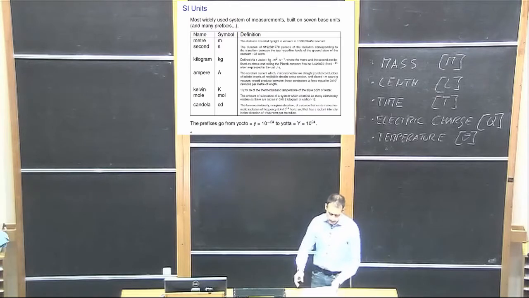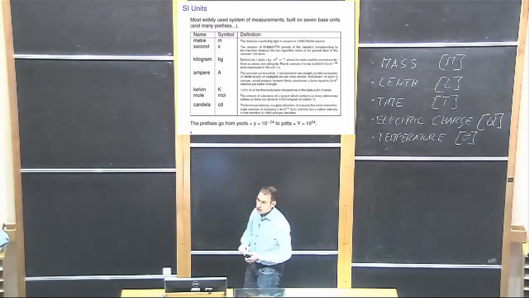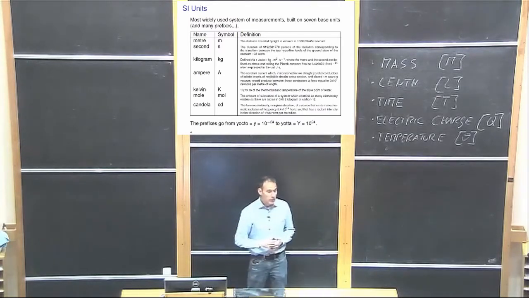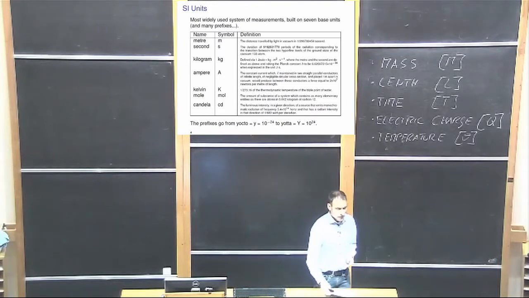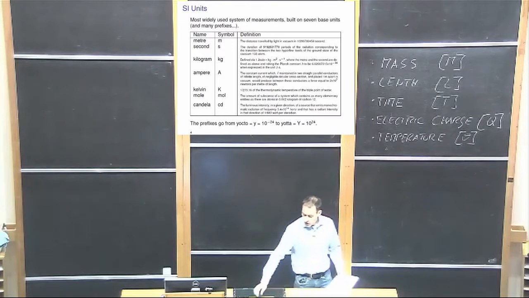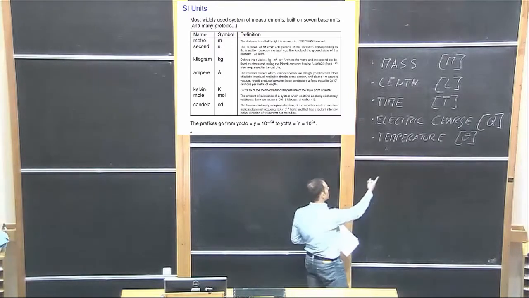Now, as I said, the main difference between units and dimensions is a particular quantity can be expressed in many different kinds of units, but it will always have the same dimension. One example is speed.